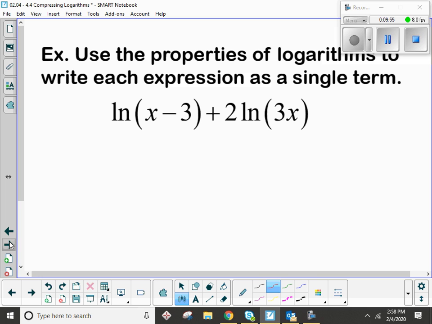Which of these terms, the left one or the right one, can I do step 1 on? Place any coefficients as powers. The second thing, right? What's the coefficient on that second term?